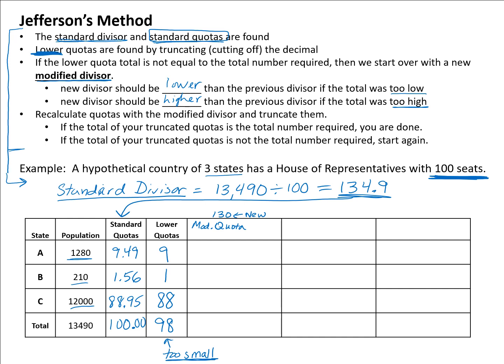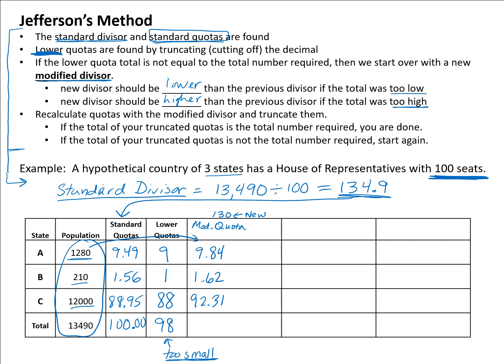So we're going to take each of our populations again. So we're going to take the population and we're going to divide by 130. So 1,280, take that population, divide by 130, and we're going to get 9.84. And then 210 divided by 130, we get 1.62. 12,000 divided by 130, we get 92.31.